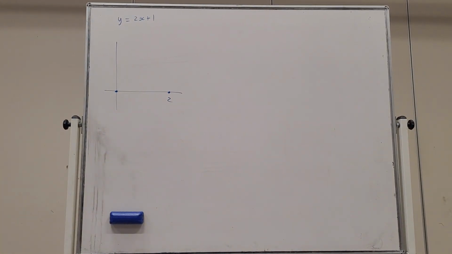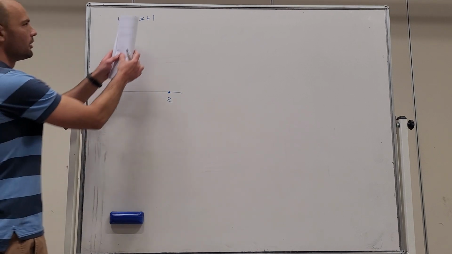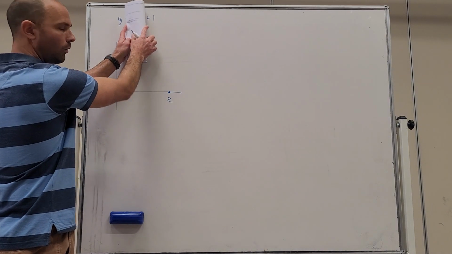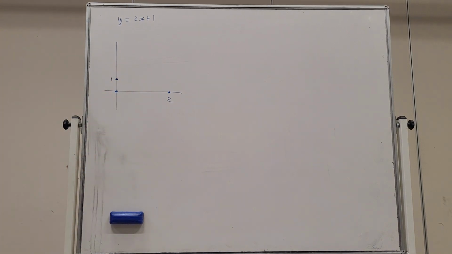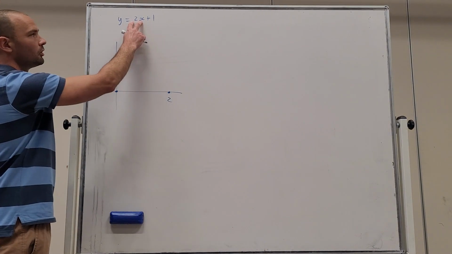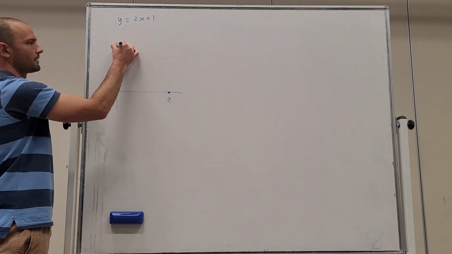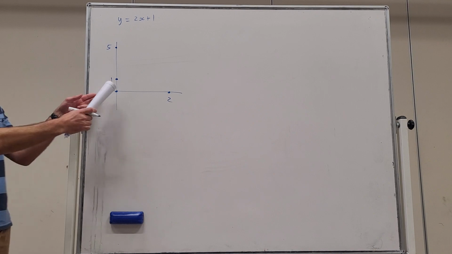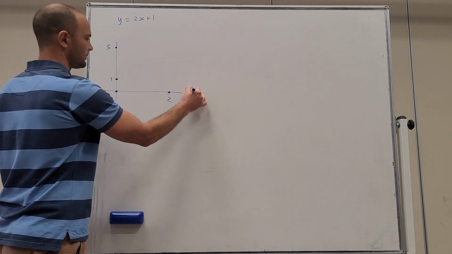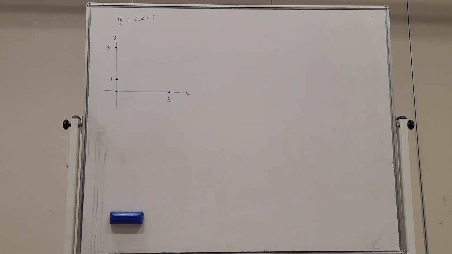That means the y values I'm interested in: when x is 0, the y value is 1, so that's the first point. And when x is 2, the y value is going to be 5. So my y is going from 1 to 5, and my x is going from 0 to 2. That's helped me to discover over what domain and range I should graph this function.